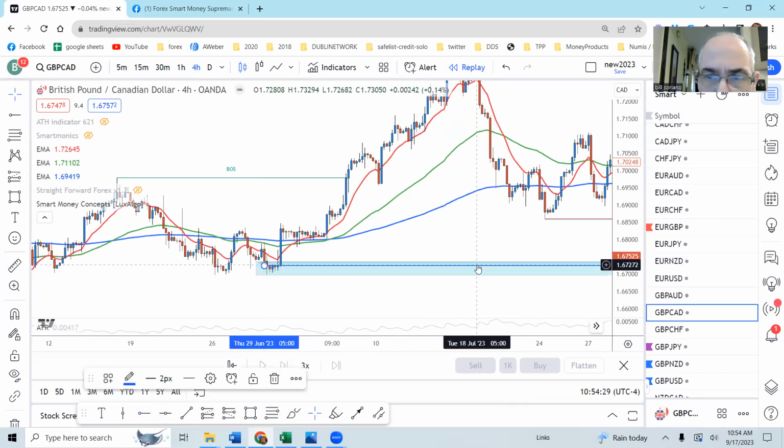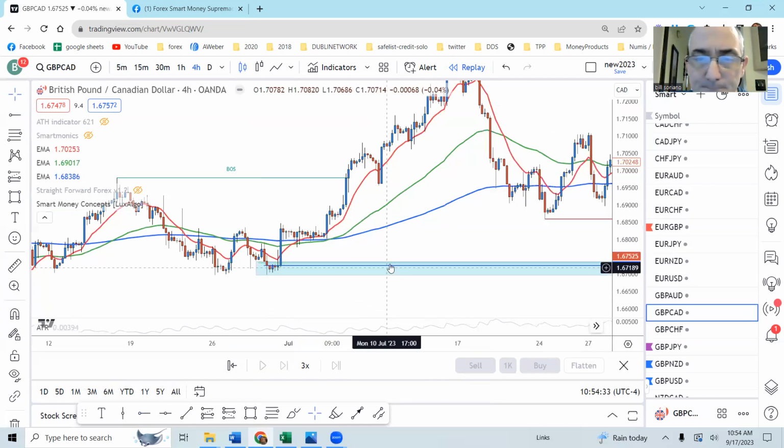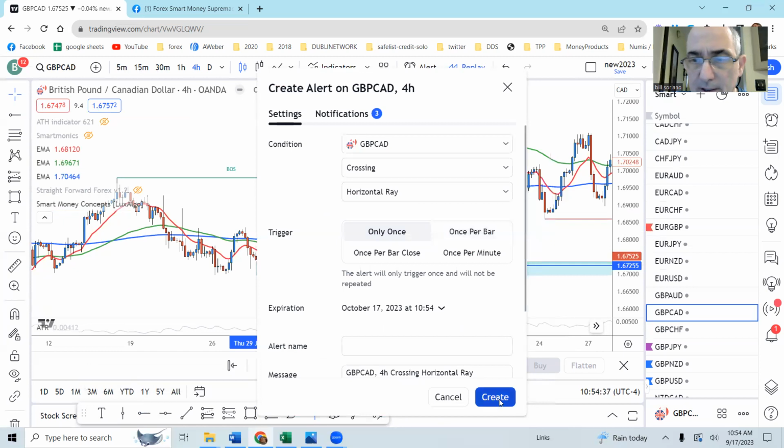Point of interest will go right here, guys. Yeah, that alert, horizontal ray, good to go.